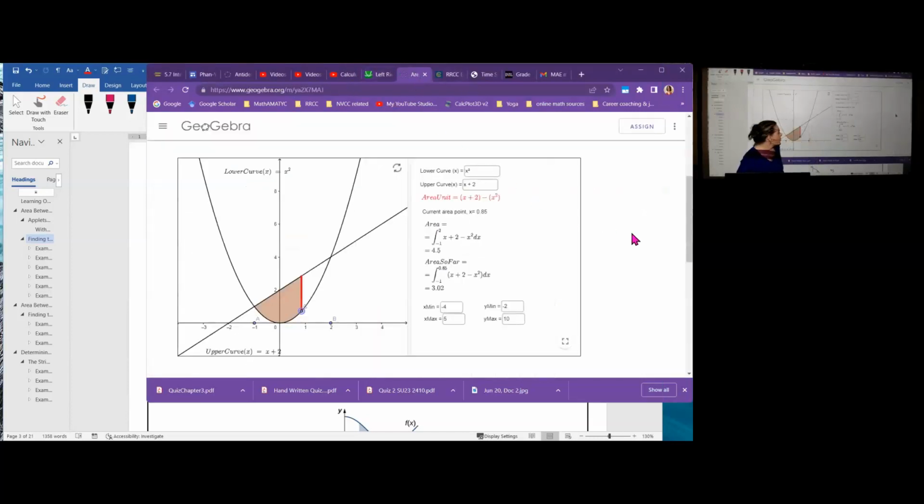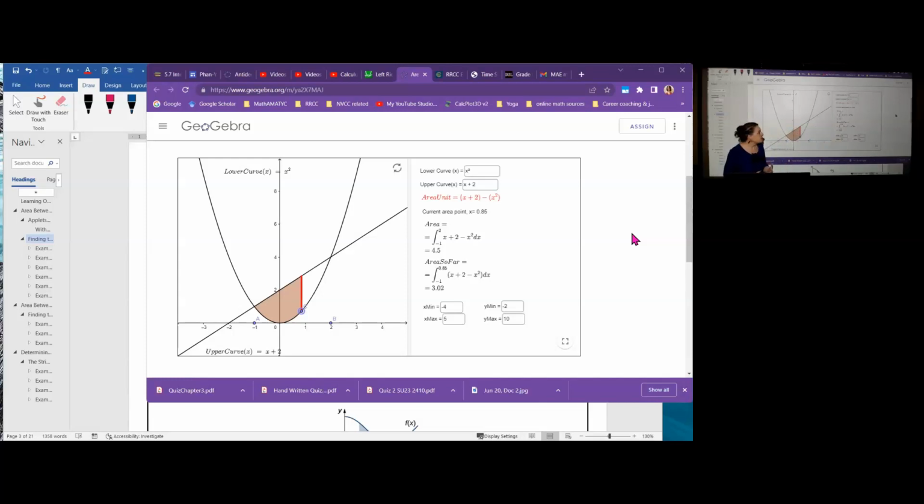In the GeoGebra one, you actually have the opportunity to watch the amount of area building by sliding the slider at c until they intersect. Notice that what we're trying to find is the area from -1 to 2 between the two functions.